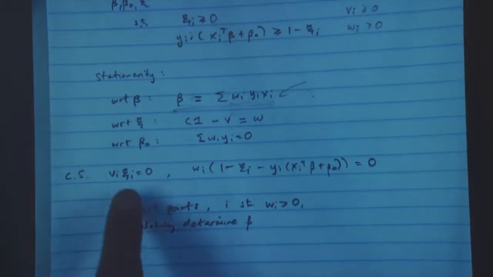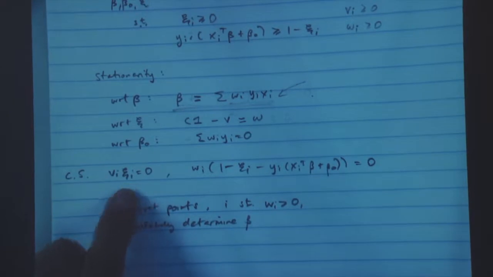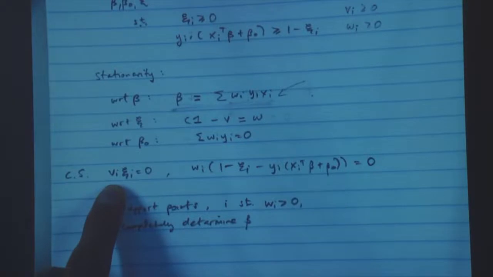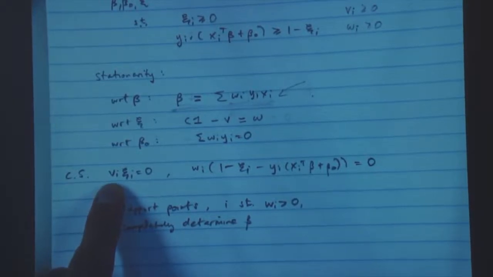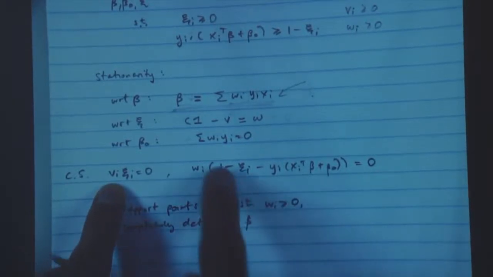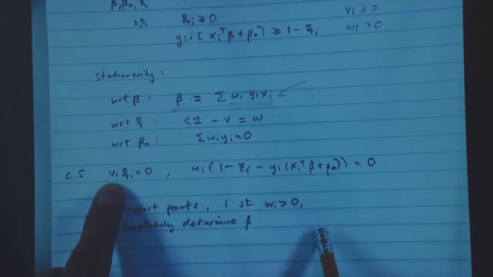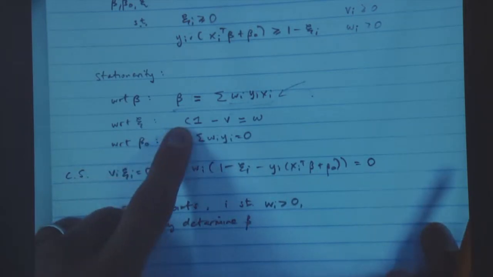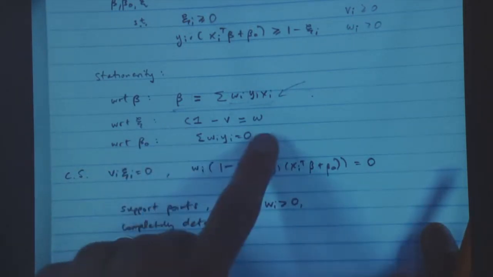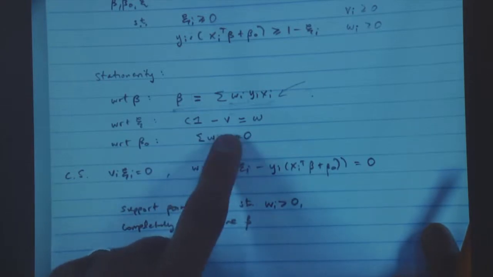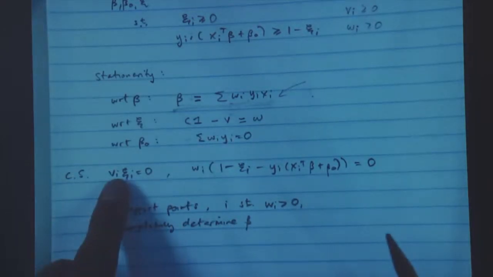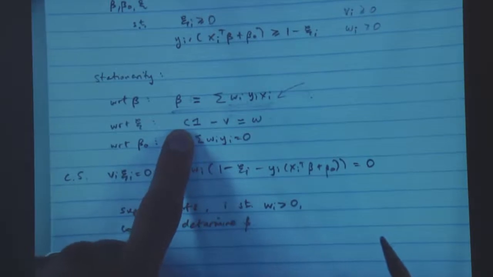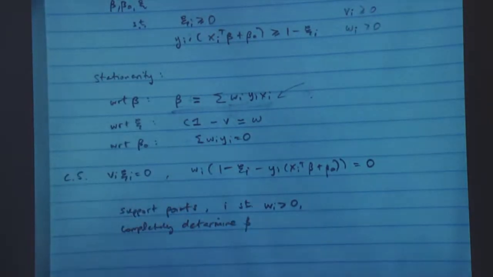Okay, so if that's the case, then we know by complementary slackness that v_i can be bigger than 0, which means that according to this equation, the w could lie anywhere between 0 and c, because w_i is equal to c minus v_i. Because psi_i is equal to 0, v_i is allowed to be bigger than 0. So we could have w being, for example, c over 2. That would be a perfectly legitimate choice according to the KKT conditions.